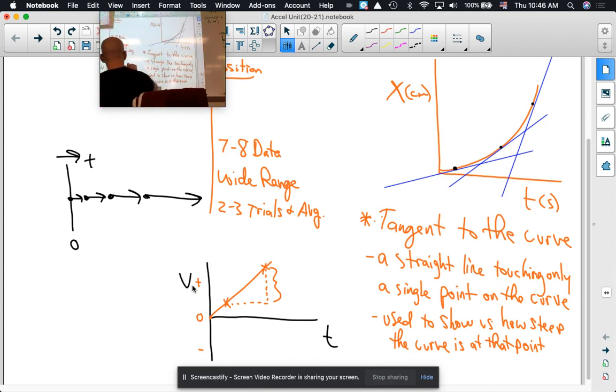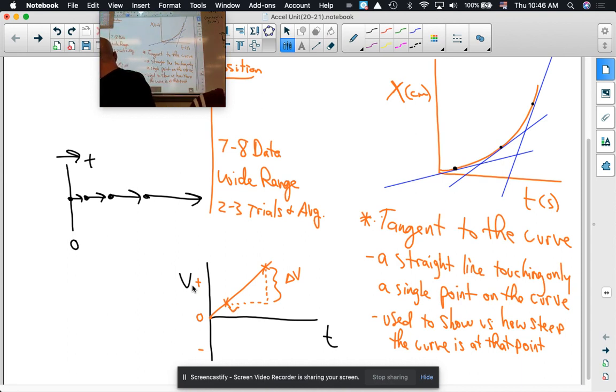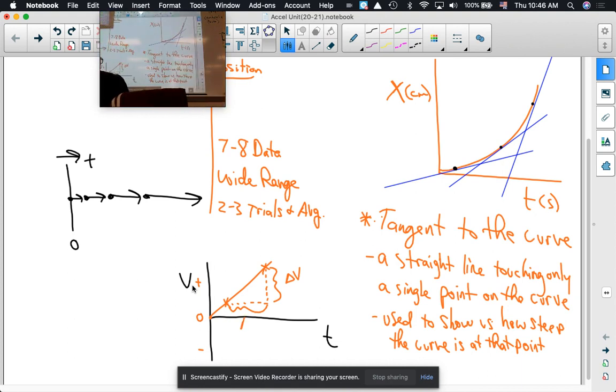Instead of delta x, we would call it delta v, change in velocity. What's changing across the run? Well, it's still time on the x-axis, so that's a delta t.